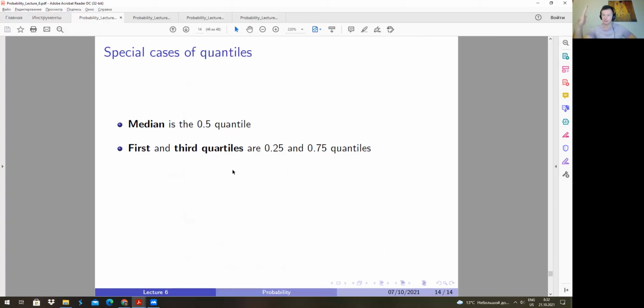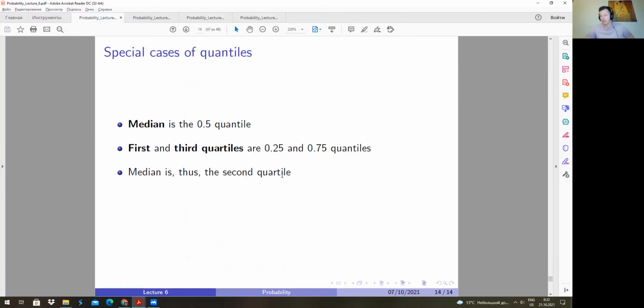They cut the distribution of our random variable into 4 equal parts. One part has probability 1/4, 0.25, another has probability 1/4 on the other side, and what's inside between them is divided by the median into 2 equal parts as well.